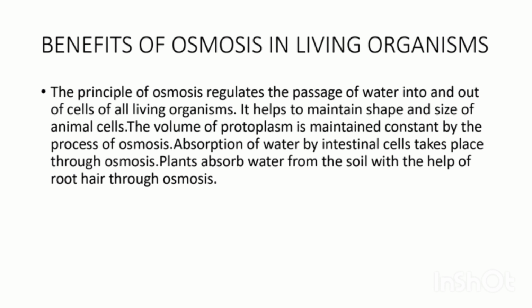Benefits of osmosis in living organisms. Osmosis helps us in absorption of water by intestinal cells. Osmosis also helps us to maintain the shape and size of animal cells. Plants are also there.